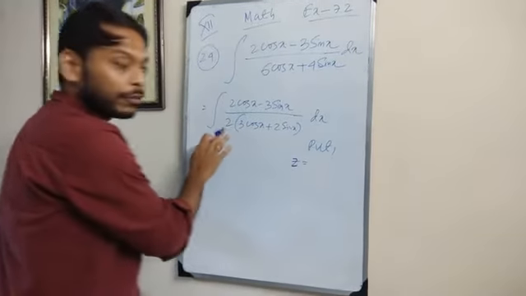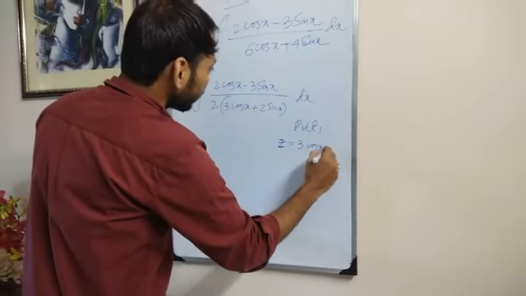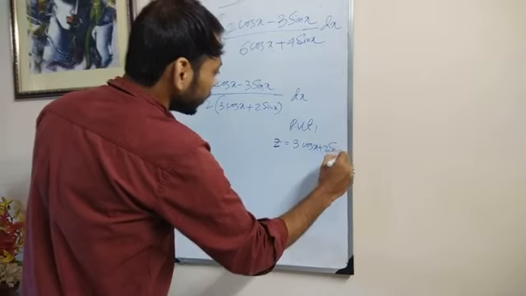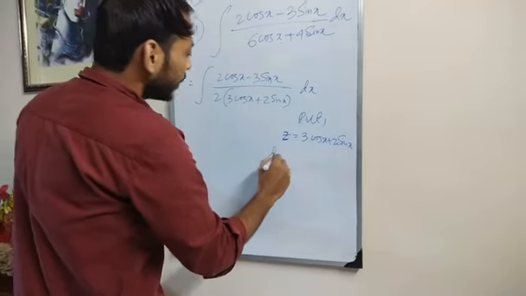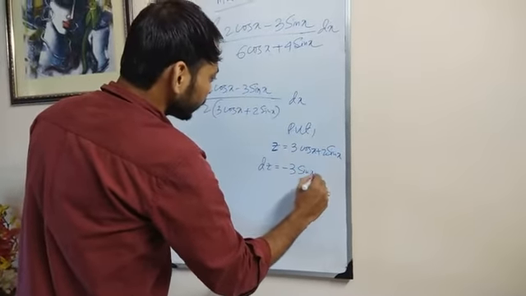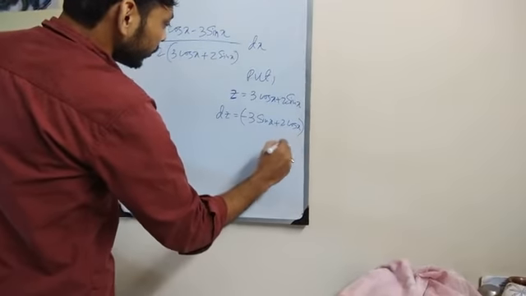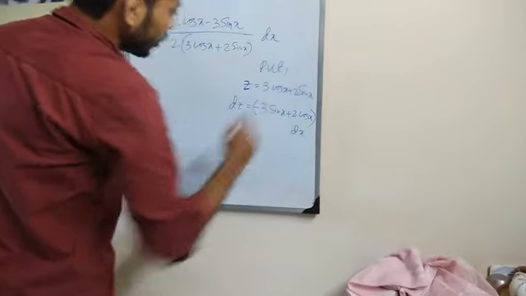That means, apart from the 2, I am taking here z equals 3 cos x plus 2 sin x. Now after doing the differential, it will be dz equals minus 3 sin x plus 2 cos x, within the bracket, then dx.